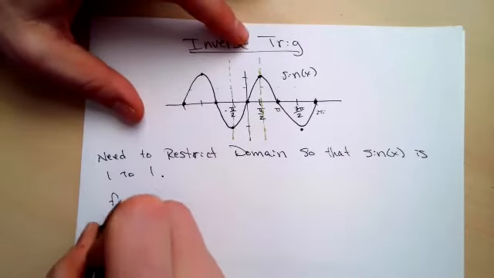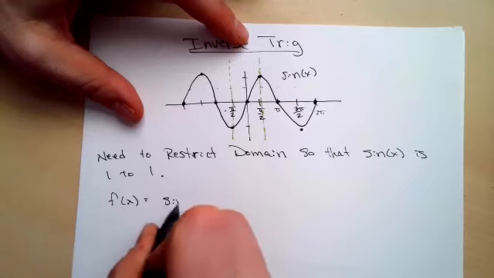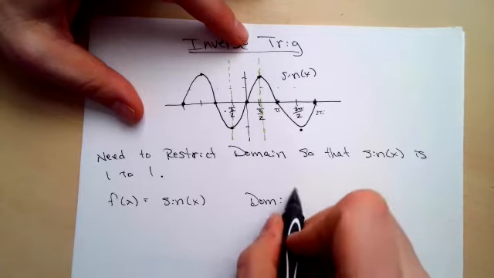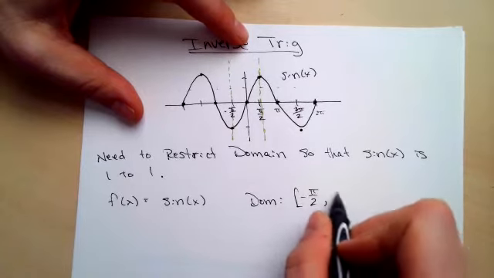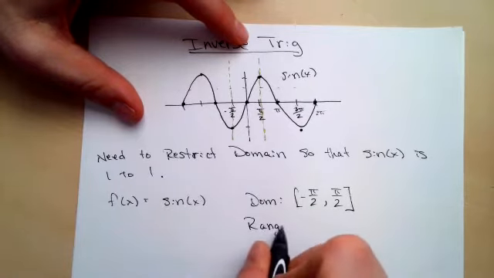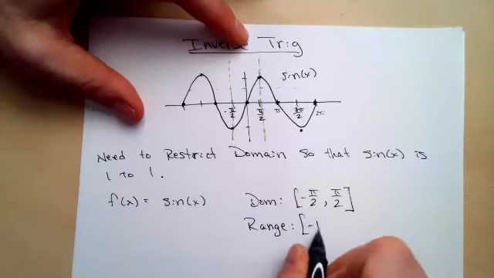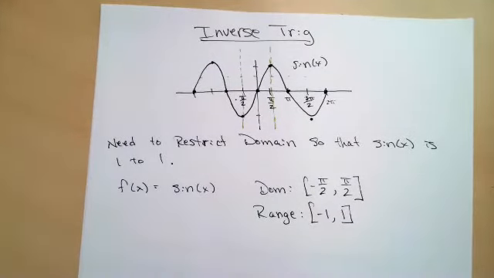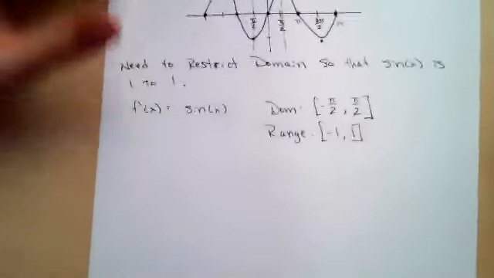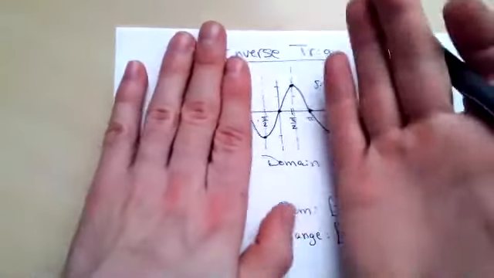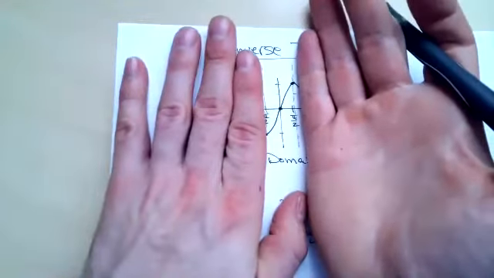So we define our restricted sine with a domain of minus pi over 2 to pi over 2. And we want to include those values at the endpoints because that will give us the peaks in the range, the values of -1 and 1. And now when we restrict sine to just within that green line, we just have this as our function.